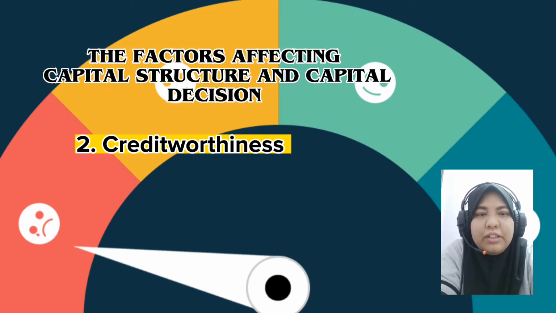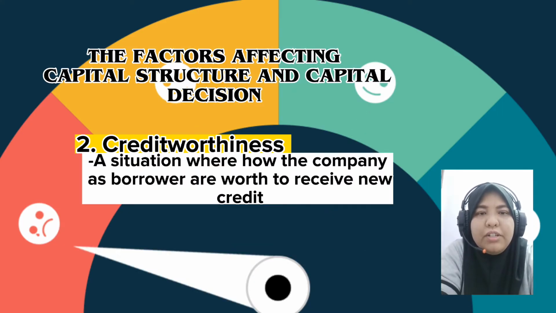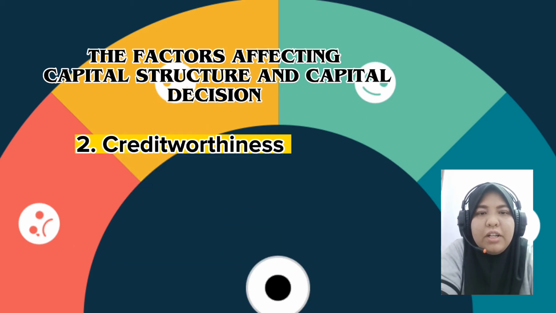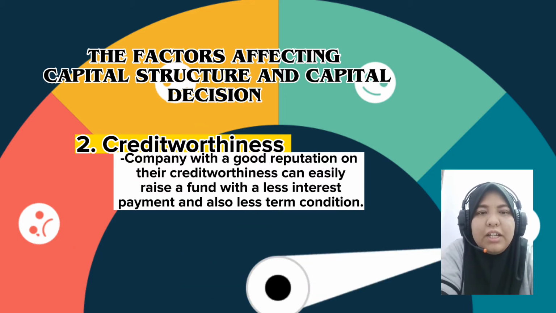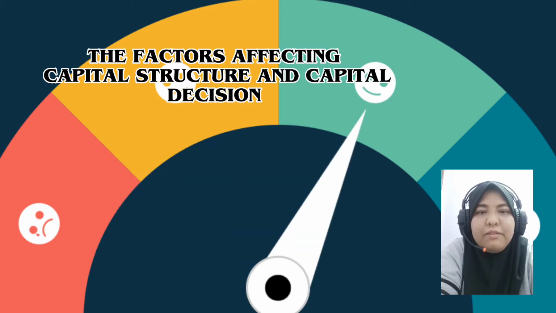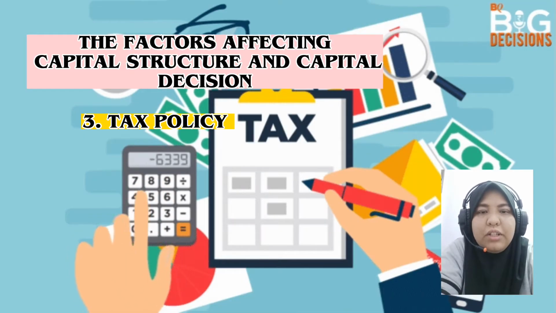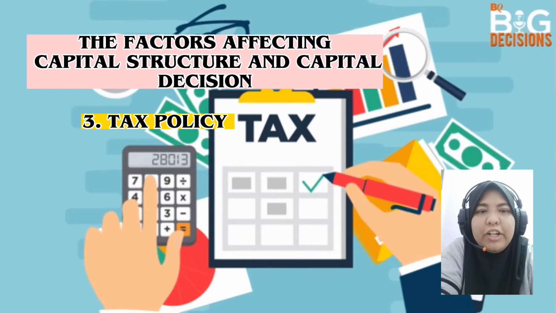Next is creditworthiness. It is the situation of how worthy the company as a borrower is to receive new credit. A company with a good reputation on creditworthiness can easily raise funds with less interest and less strict terms and conditions. Creditworthiness also helps them to pay their loans on time. Besides, the tax policy can also affect the total debt of the company.